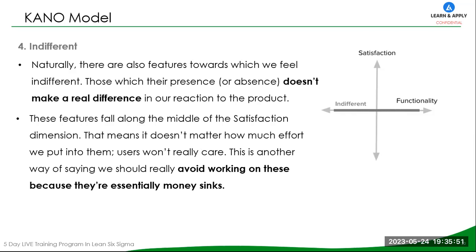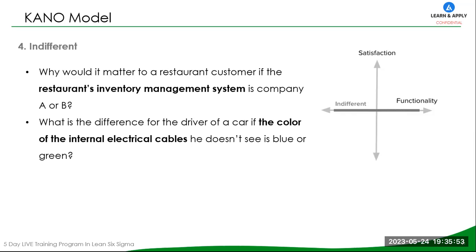It's like the color of the internal electrical cables in a car, or when you visit a restaurant, the restaurant's inventory management system, or when you travel by airline, the fuel cost that the airline is using, right? That doesn't matter to the customer.